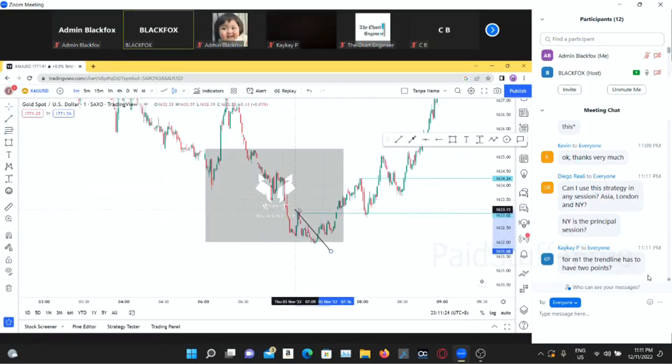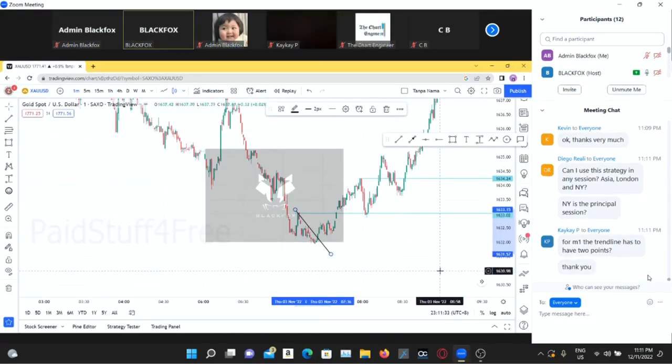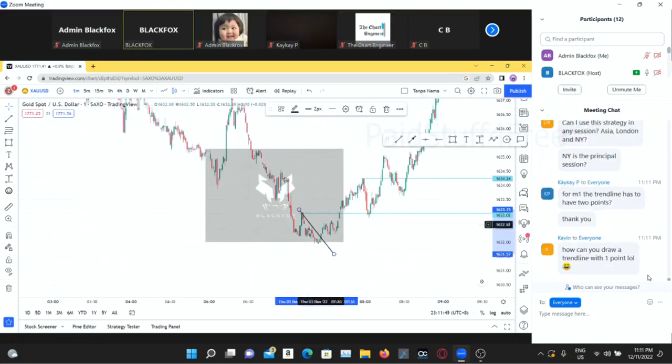We use the shadow, so this is 1 point, 2 points. 1 point, 2 points, break, and instant. So any question? How can you draw a trend line with 1 point?